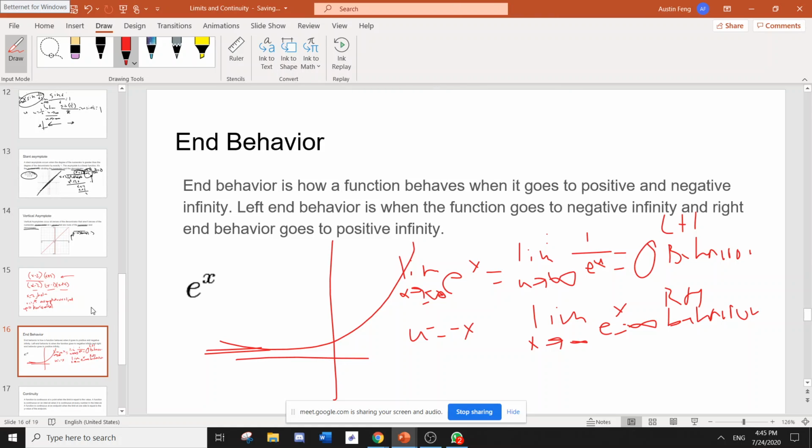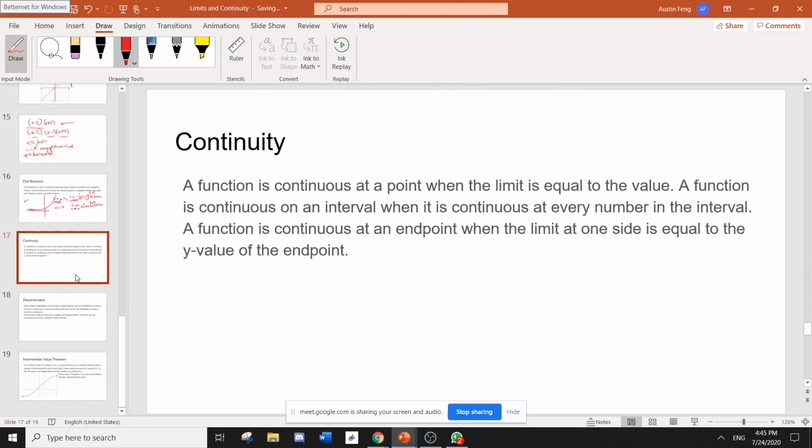Now we go into continuity. A function is continuous if the limit is equal to the value. A function is continuous on an interval when it's continuous at every number in the interval. A function is continuous at an endpoint when the limit from one side is equal to the y value of the endpoint.